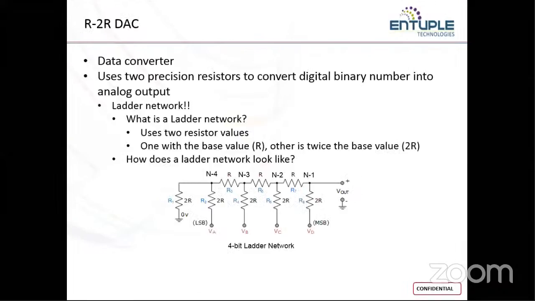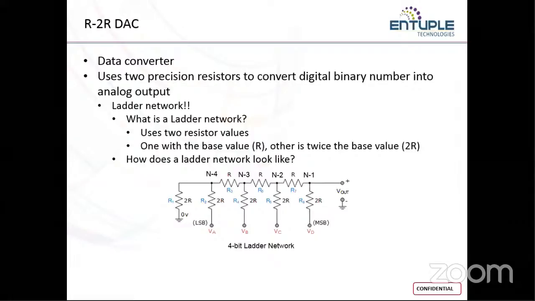So what is an R-2R DAC? Let us check that. It is a data converter which uses two precision resistors to convert a digital binary number into an analog output. It is also a ladder network. So what is a ladder network? It uses two resistance values, one with the base value and the other twice the base value.